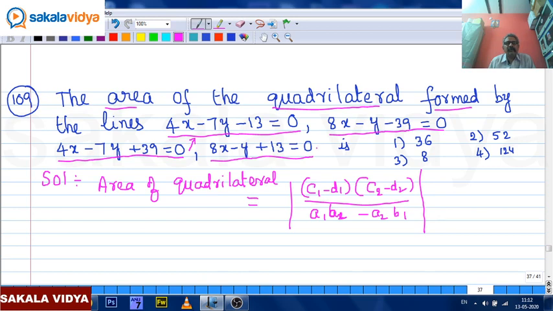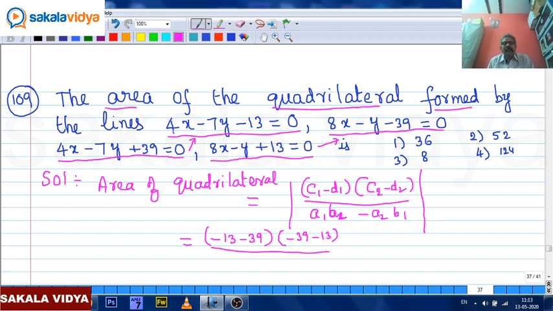C1 minus D1: C1 is minus 13 and D1 is minus 39, times C2 minus D2, divided by A1 B2 minus A2 B1.